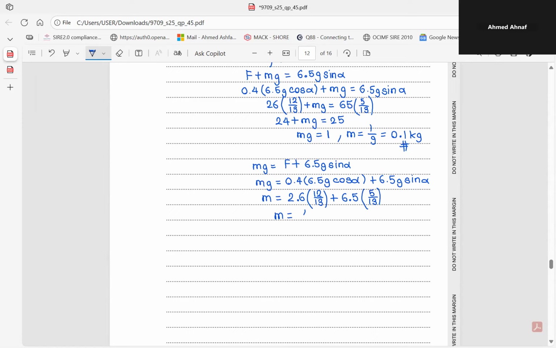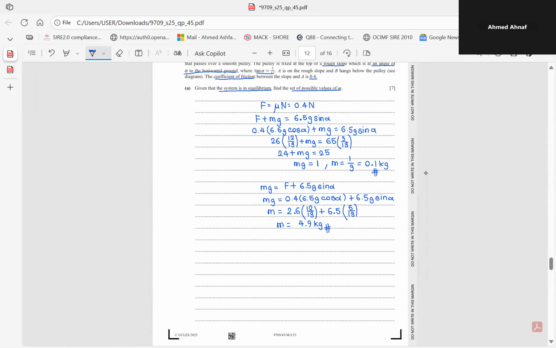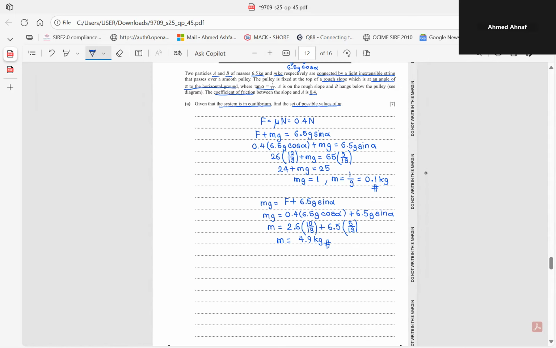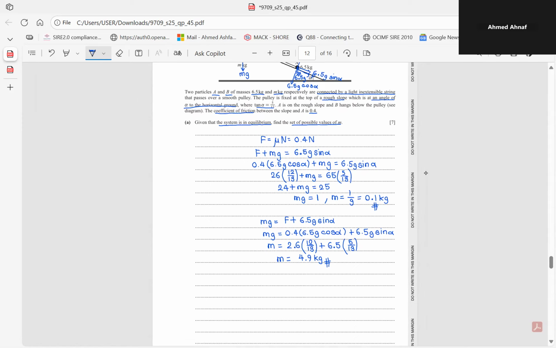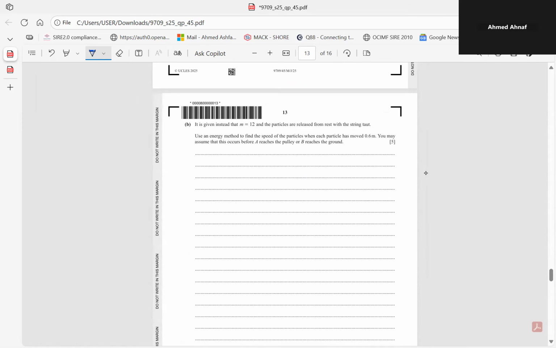That equals 4.9 kg. So this is our second answer for m. So the two answers are 0.1 kg and 4.9 kg. These are our final answers for the first part. Let's head on to the next part.